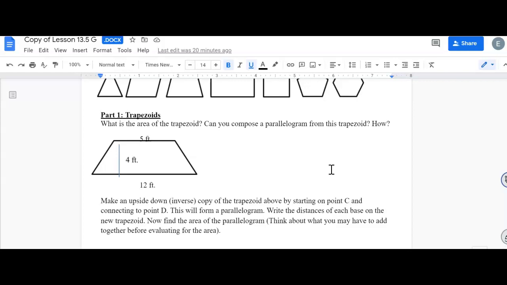Okay. A trapezoid's definition, it has 4 line segments, and it has one set of parallel lines. Parallel line, parallel line. That is your set of parallel lines. These two right here are not parallel because they will cross one another.